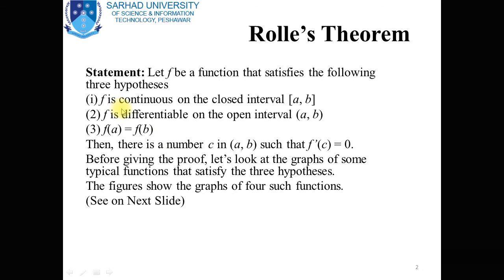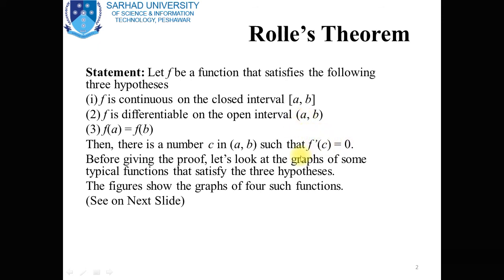If all these three conditions are satisfied, then according to the Rolle theorem, there exists at least one point c in this open interval at which the derivative of the function will be equal to 0.